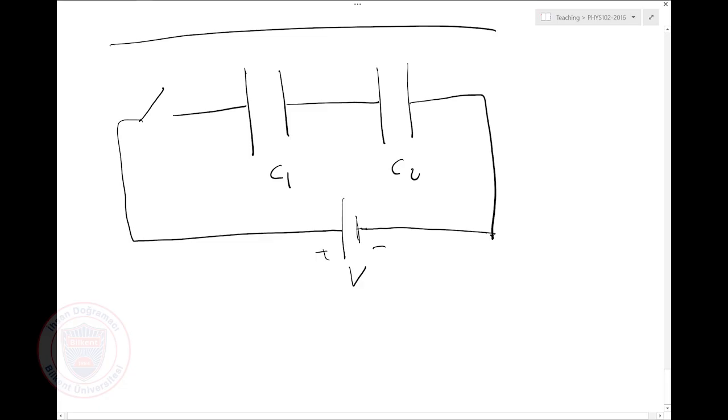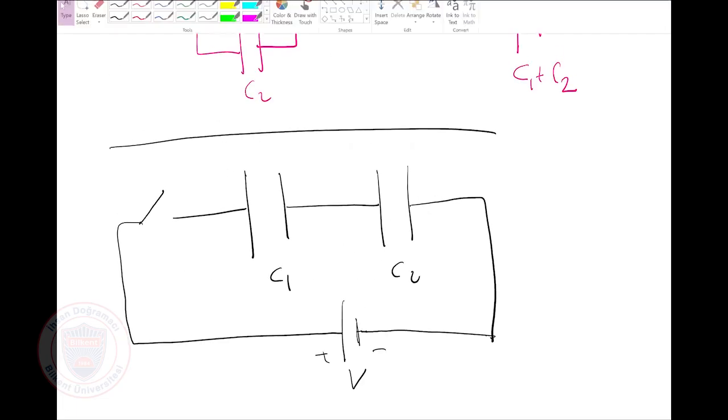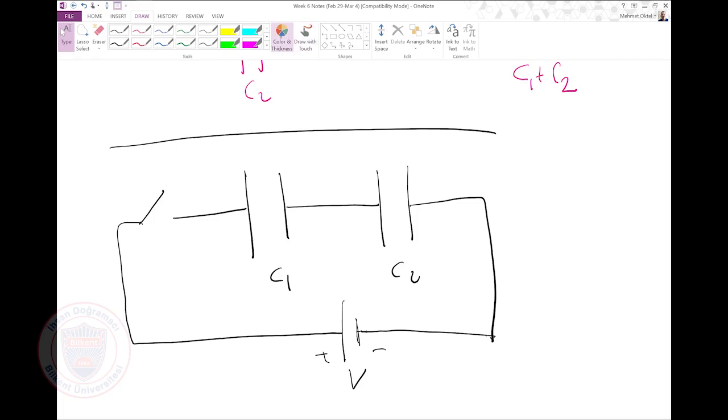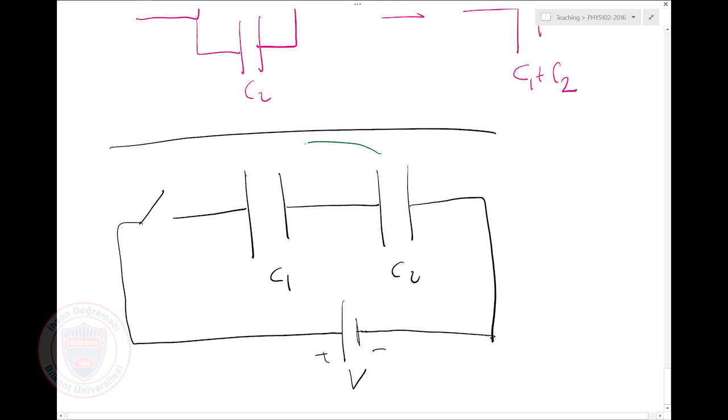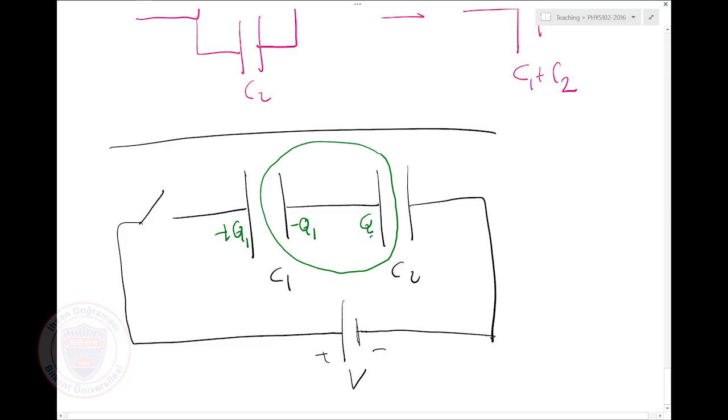Now, if they are uncharged, let's again think of the following surface. What's the net charge in this surface? When they are both uncharged, there is no net charge. It must be 0. When I start to charge the capacitor, I'll have plus Q1 here, minus Q1 here, plus Q2 here, minus Q2 here.